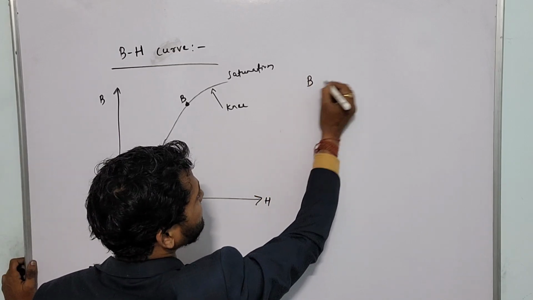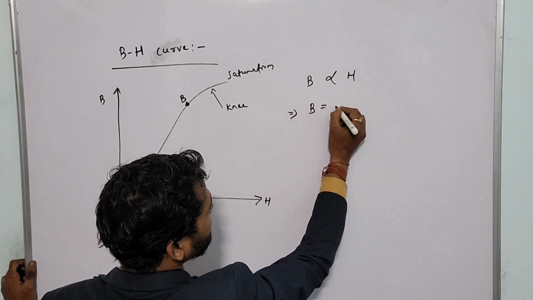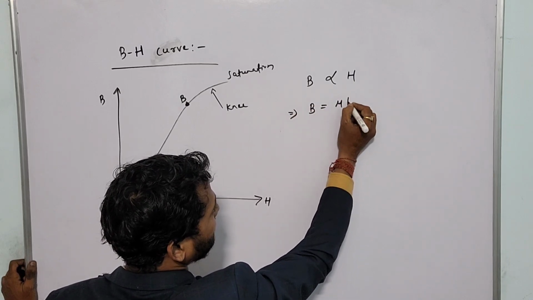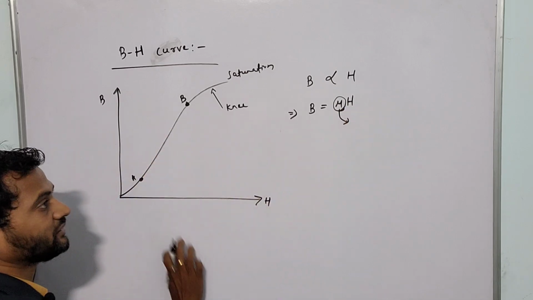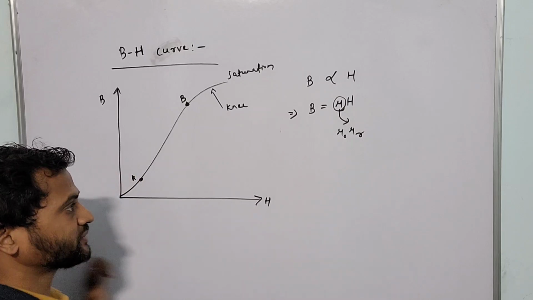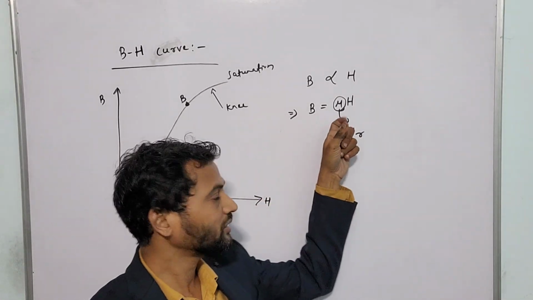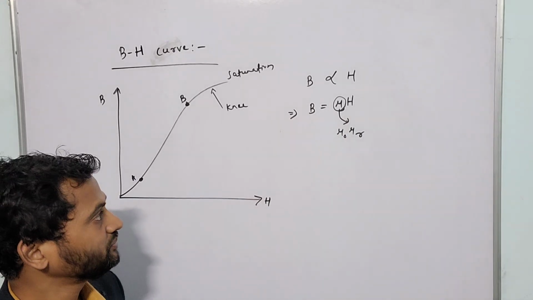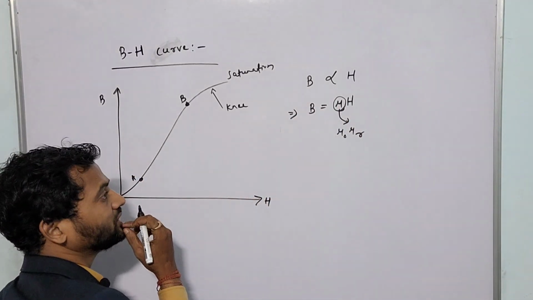As you know, B is directly proportional to H. So B is equal to some proportionality constant into H. It is called the permeability of the magnetic material, which is equal to mu naught into mu R. Mu naught is the absolute permeability and mu R is the relative permeability. The permeability of a particular material is constant. That is called the proportionality constant.